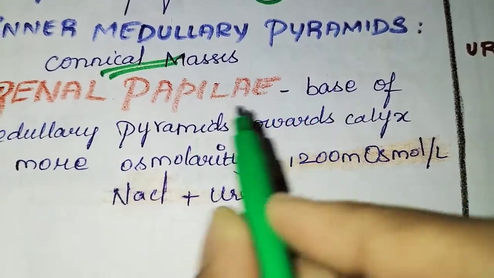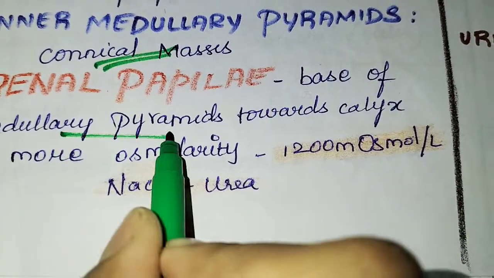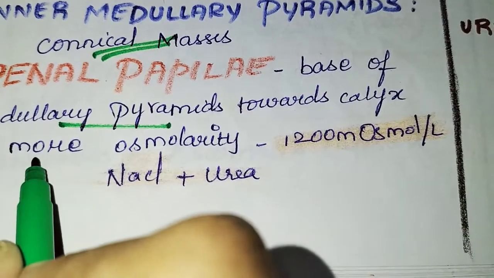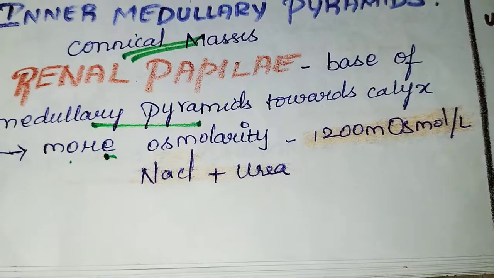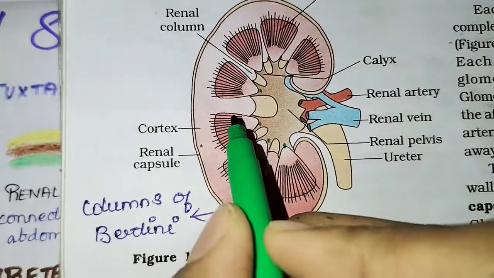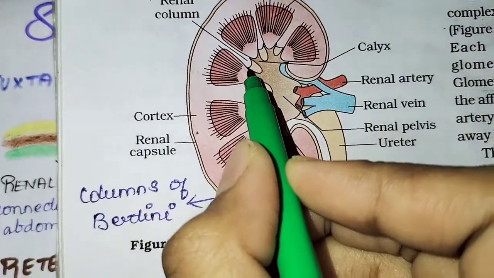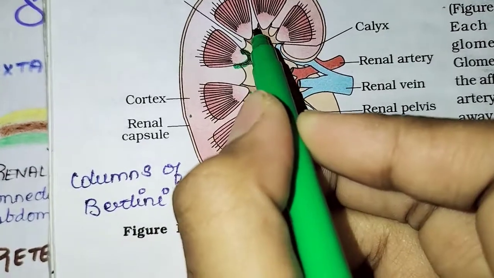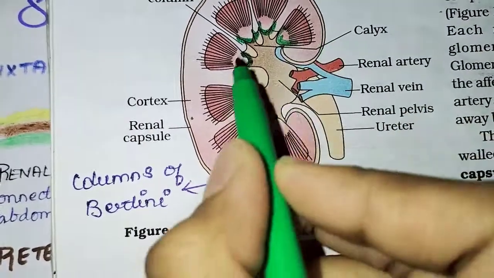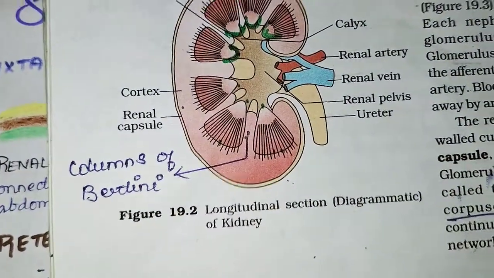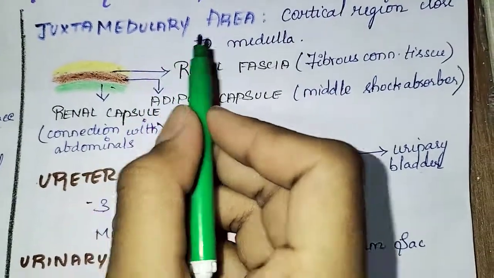Okay, next, renal papillae. What is renal papillae? The base of the medullary pyramids towards the calyx, that has more osmolarity. See here, this is the calyx. So here we have renal papillae, at the base of the medullary pyramids. Next is the juxtamedullary area.